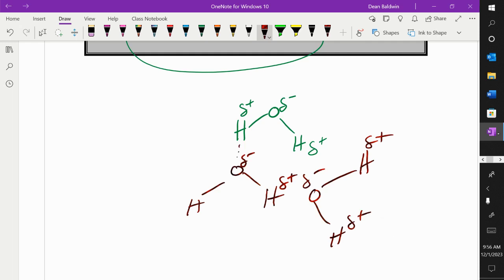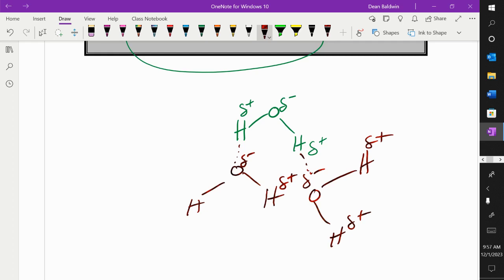So you get these things attracting to the negative. This is why water is a liquid at room temperature. Theoretically, if this didn't happen, it would be a gas at room temperature. And if water is not liquid, you can't have life.